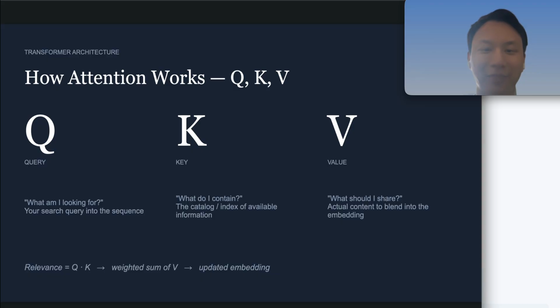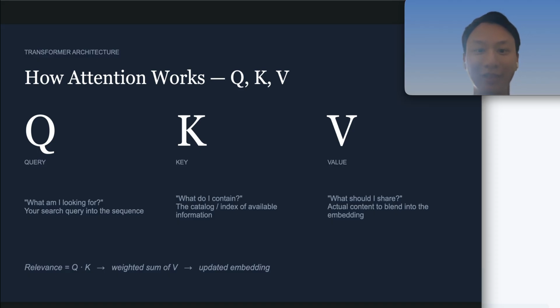Once you have the token of the bee, it will ask, what are the things we're looking for? This is the noun. There may be some things that describe it, like yellow. If you look at the yellow token, you understand this is a color and that there's a noun called the bee. And so it will understand that this is a color describing the insect, the bee. This is the query portion of how the attention network works.